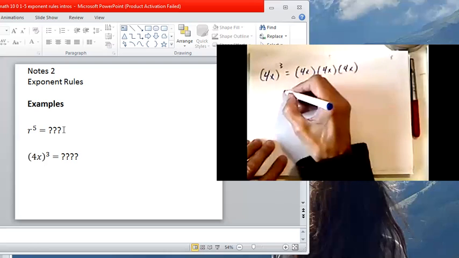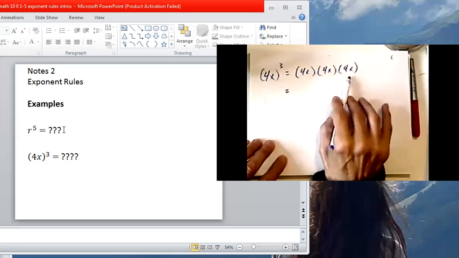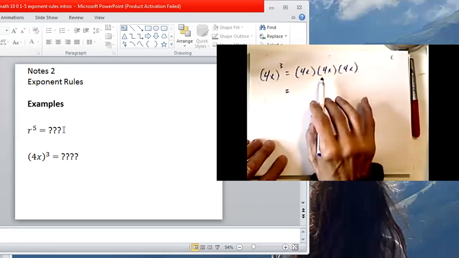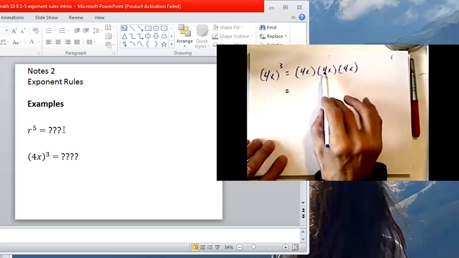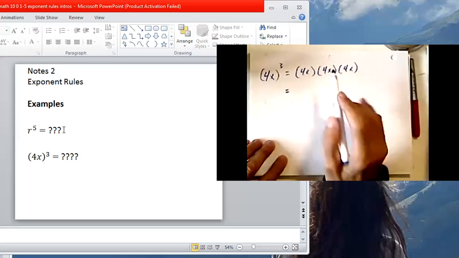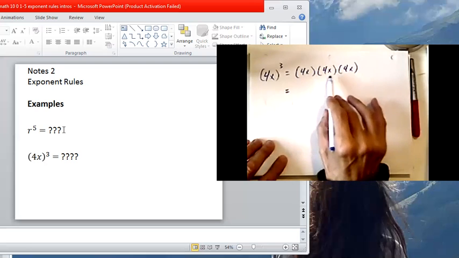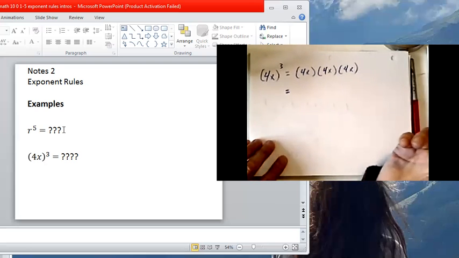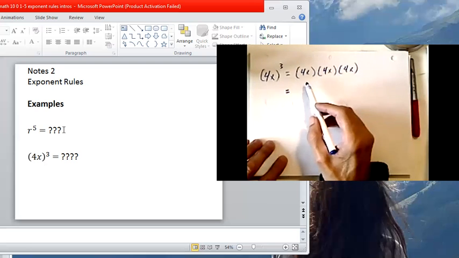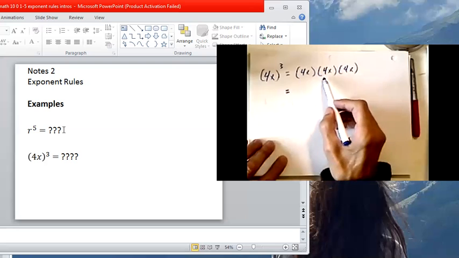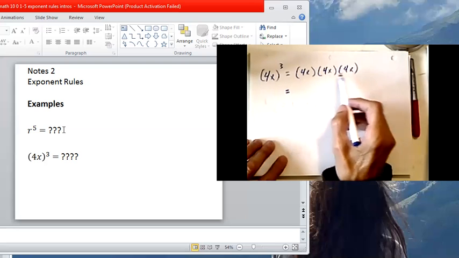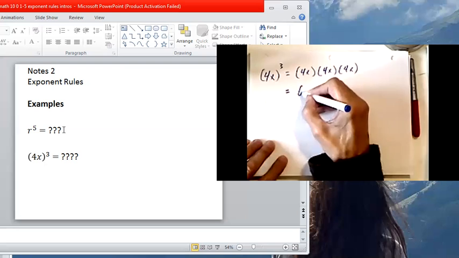And we can actually take this a little bit further. What we can do is multiply the numbers together, and then multiply the letters together. Yeah, perfect. 4 times 4 is 16. Times 4, nice, 64.